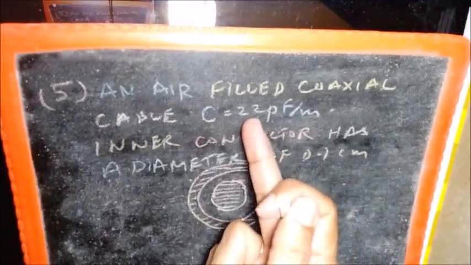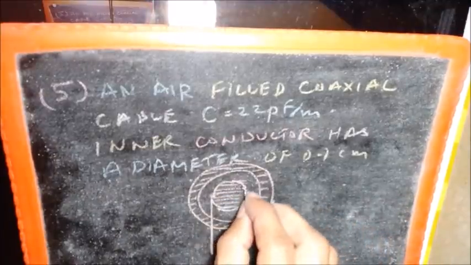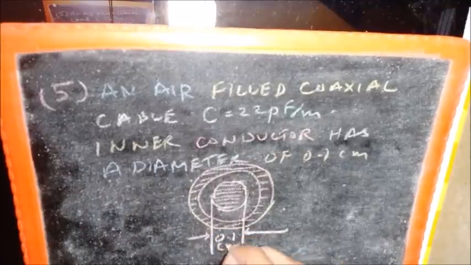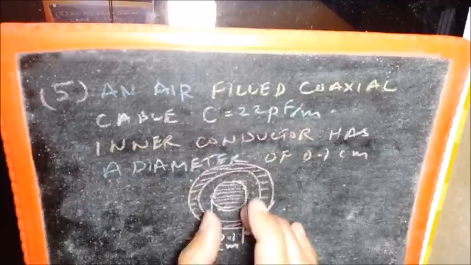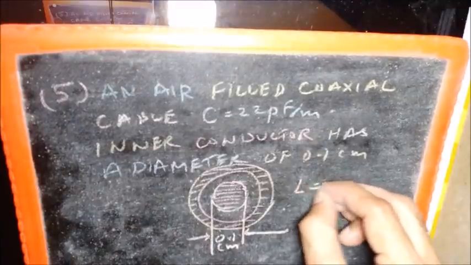We want to have a capacitance of 22 picofarad. The inner conductor has a diameter of 0.1 centimeter.